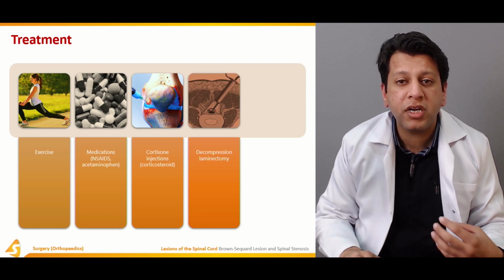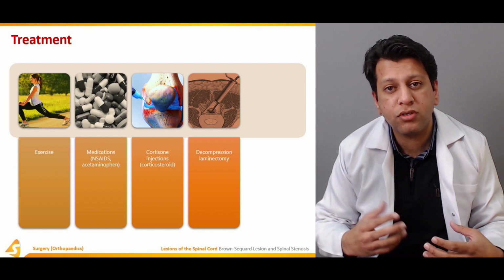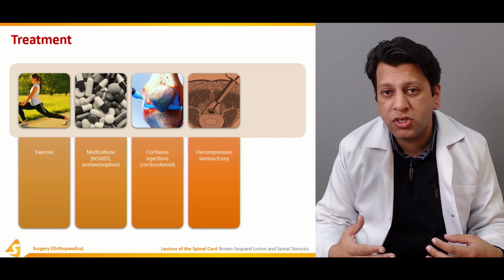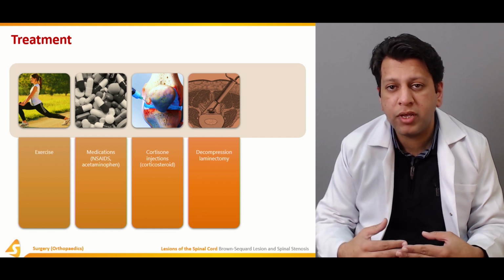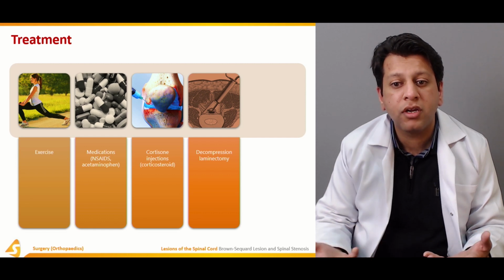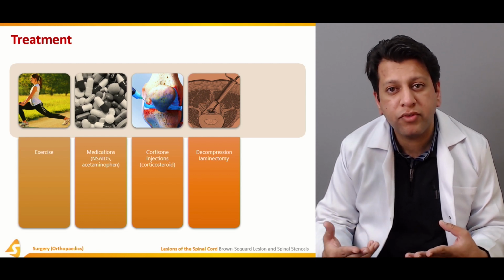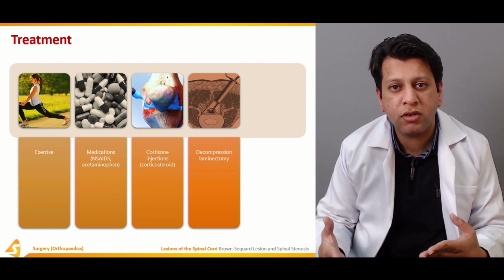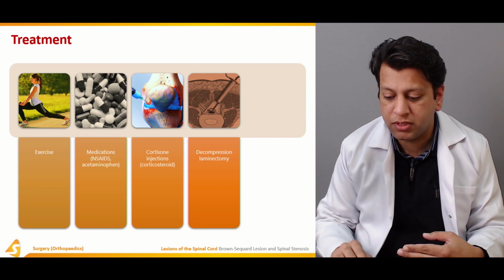Other options depend upon the cause. If it's the disc causing some degree of spinal cord narrowing, or it's just compressing the spinal cord, then the option could be decompressive laminectomy, in which the lamina is removed, so that there is enough space for the spinal cord, leading to resolution of the symptoms.